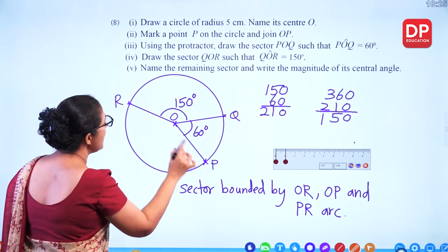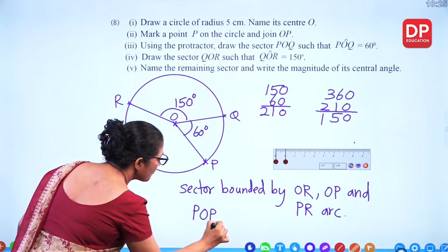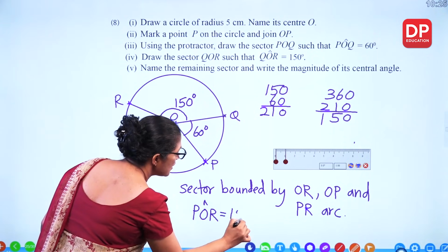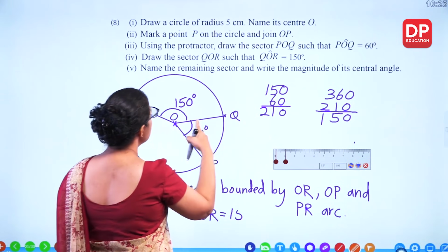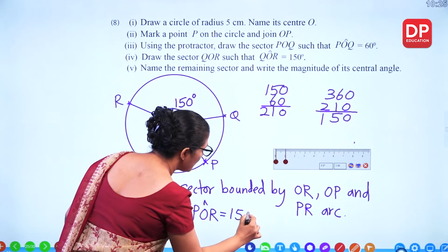So POR angle is 150 degrees. So 360 minus these two, 150.